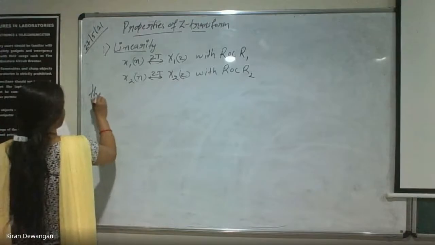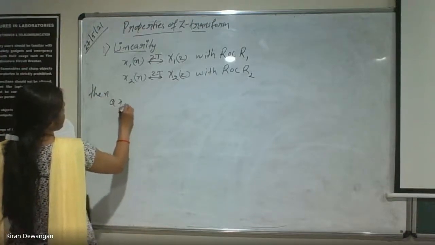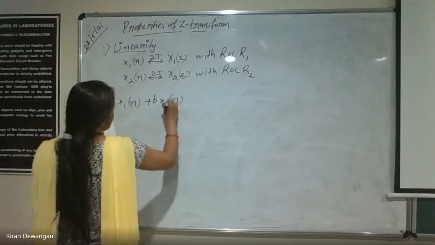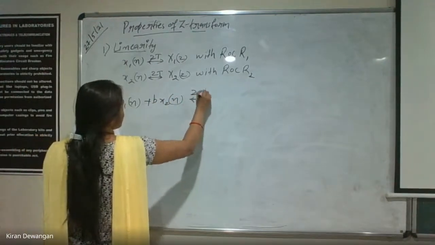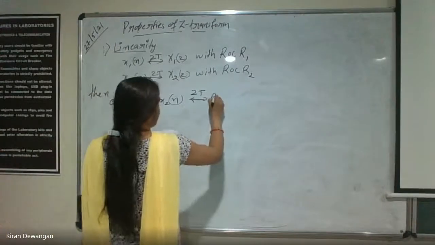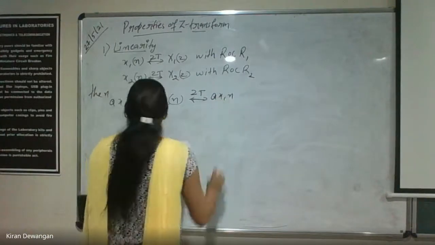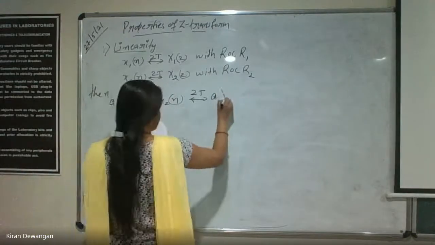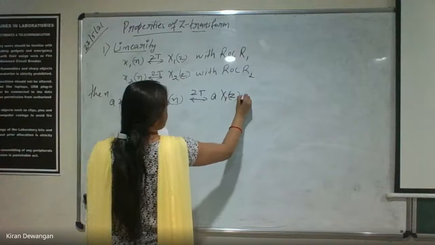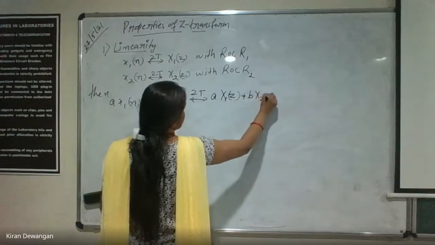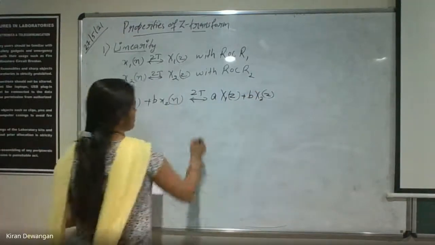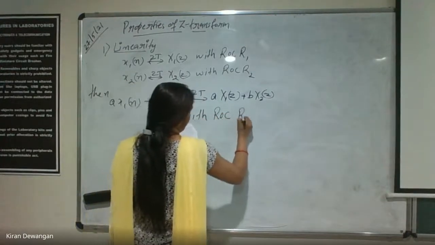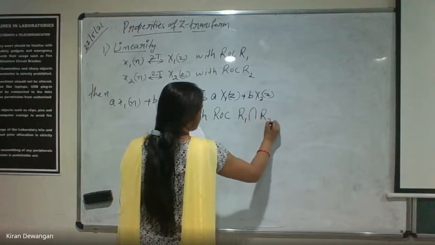Then according to the linearity property, a x1 n plus b x2 n will have Z transform a X1 of z plus b X2 of z, okay, with ROC R1 intersection R2.